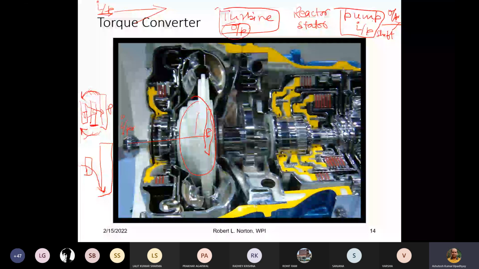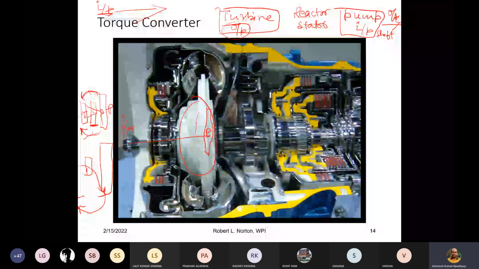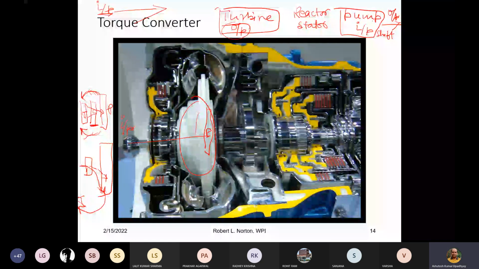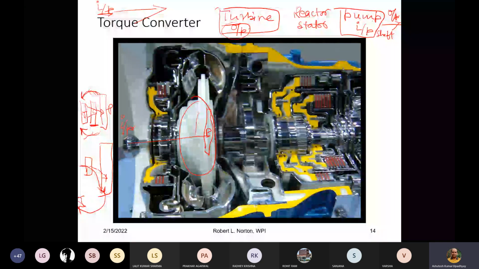So you already have some additional energy, and this additional energy will be transmitted to the turbine. That is why we are multiplying the torque. When you are in motion, the fluid will not come to the periphery, rather it will take some inner portion. So this stator is basically helping you create that kind of conversion.